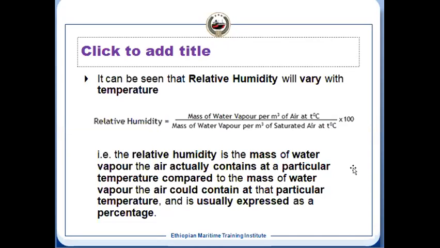Now, for the cooling, it is up to the desired temperature. In that case, we are not actually doing anything with the relative humidity or the absolute humidity. What we are doing is increasing or decreasing the temperature. For the cooler, we are reducing the temperature to the desired temperature.